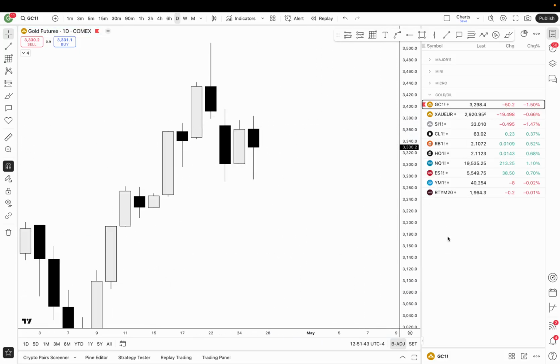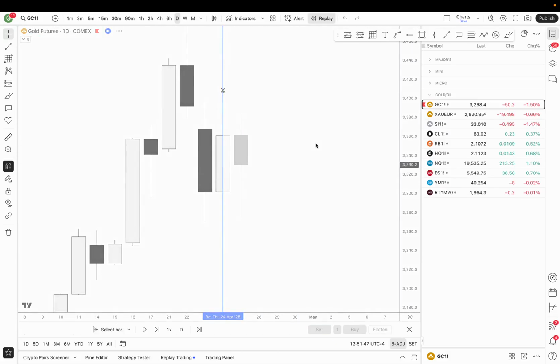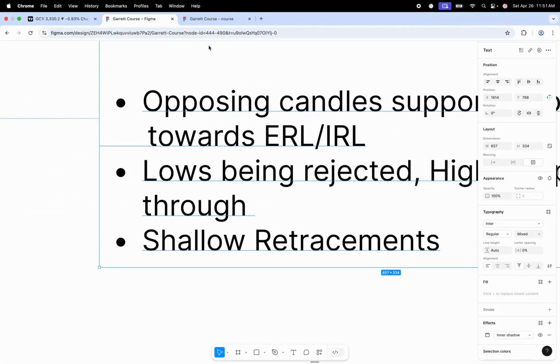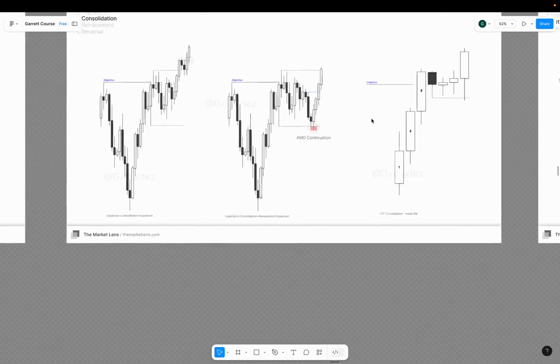Now what do we see this asset do? We CSD on the daily, and then after expansion, what phase of price do we get? An inside bar, which is mechanically defined as a consolidation, which is a continuous signature.